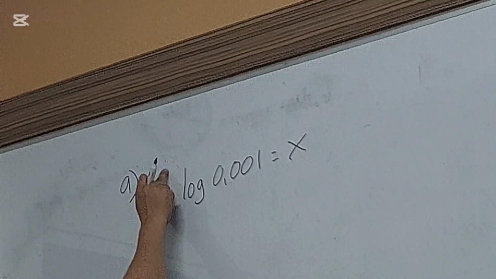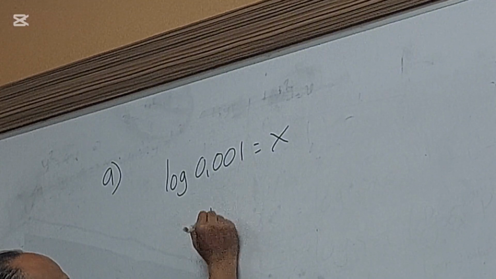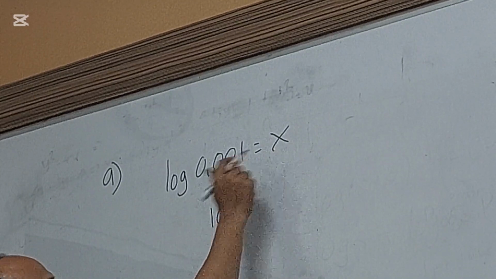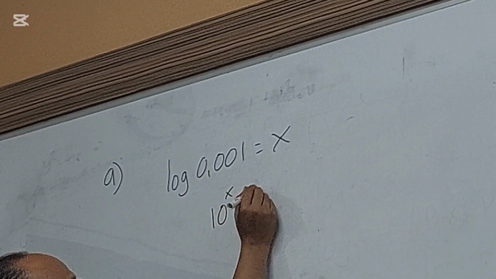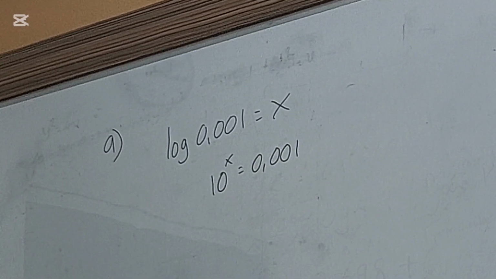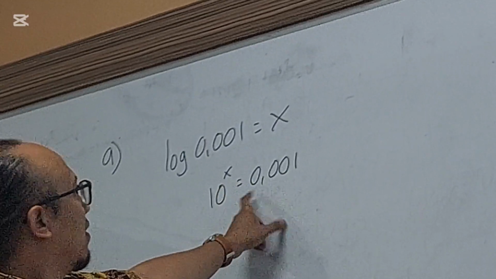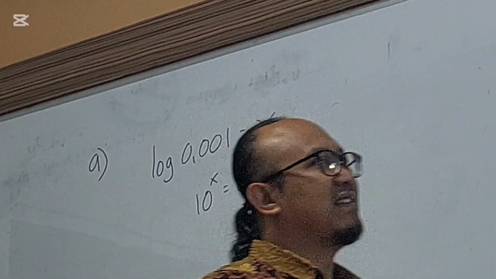It means that 10 powered by x equal to 0.001. Can you guess how many x?